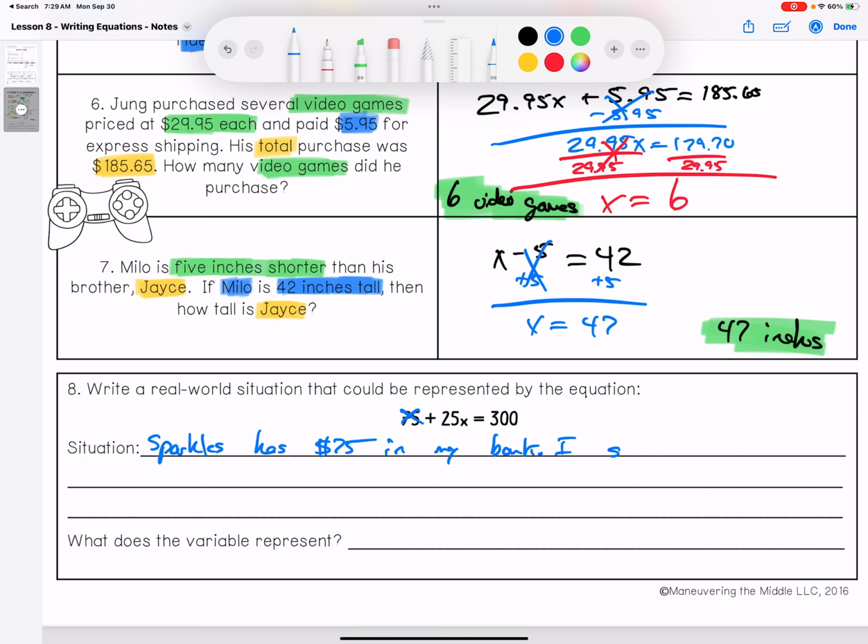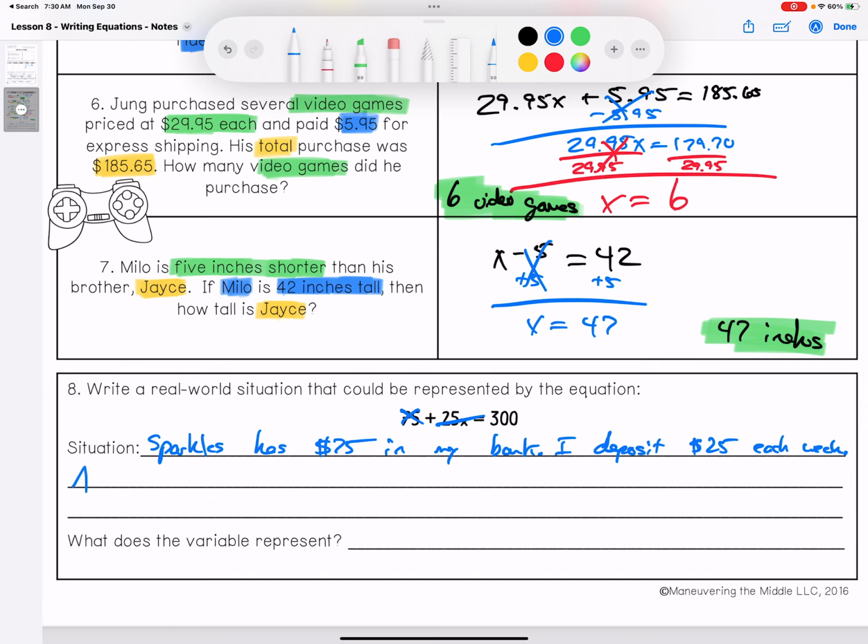I deposit $25 each week. That takes care of the 25x, because it's 25 each week, which means 25 times x.